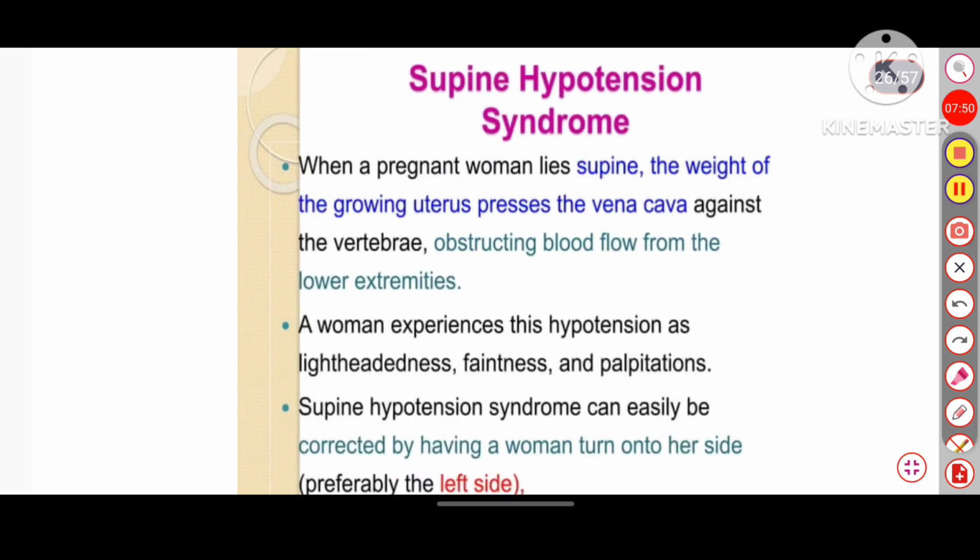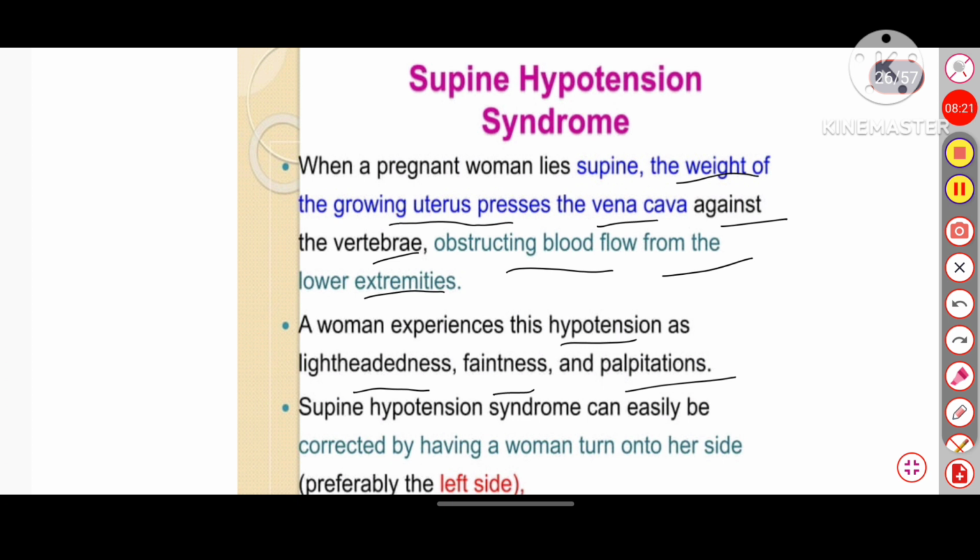Next, you need to mention the supine hypotension syndrome in the cardiovascular system. When the pregnant woman lies in the supine position, the weight of the growing uterus presses the vena cava against the vertebra, obstructing blood flow from the lower extremities. So the woman experiences hypotension when lying in the supine position, and it can manifest as lightheadedness, faintness, and palpitations.